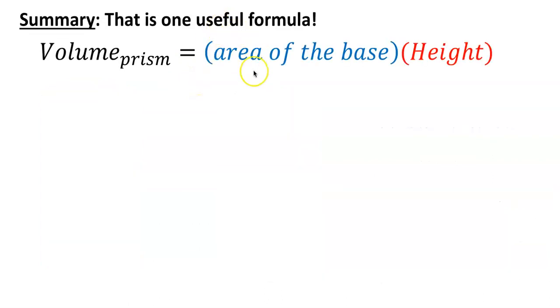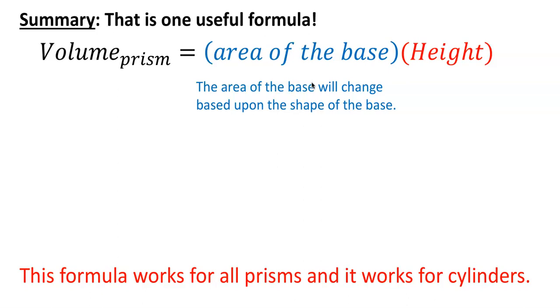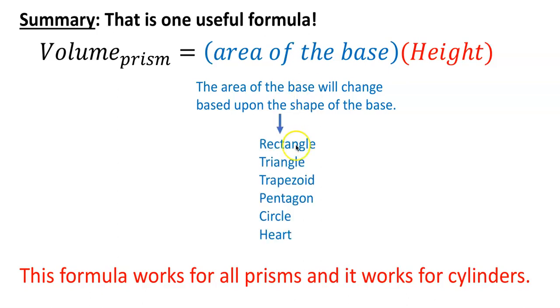So in summary, this is one useful formula. We use this formula over and over again. The only thing that changes is this blue part right here. And it changes based upon which shape is the base. So if it's a rectangle, you would replace this with the formula for the area of a rectangle.